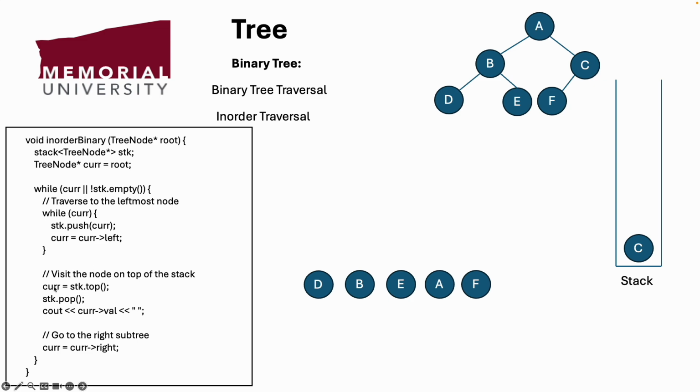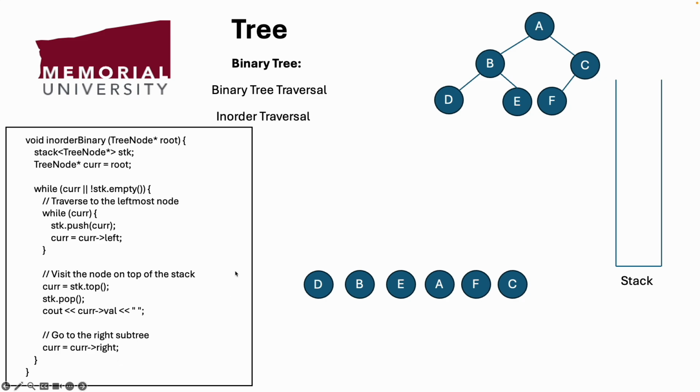And for current, reassign the current to the top of stack, which is C. C is popped up and displayed here. Now we see the current is C. C doesn't have a right child, right? There's no right child for C. So after this, current is pointing to the null pointer.